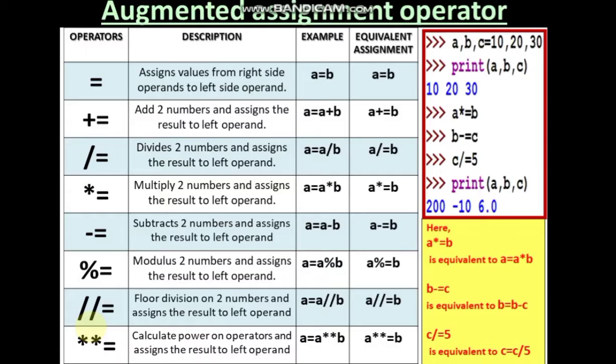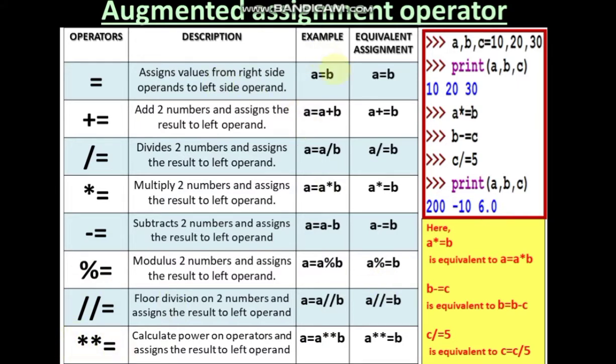Now moving on to augmented assignment operators. In augmented assignment operators, we have equal to, plus equal to, divided by equal to, into equal to, minus equal to, modulo equal to, floor division equal to, and exponentiation equal to. Now how do they work?